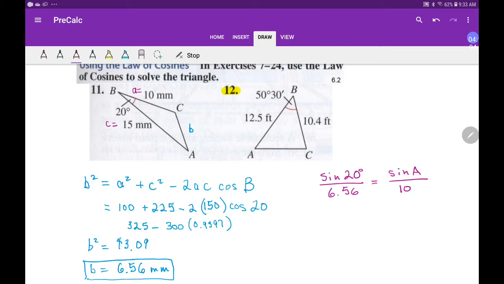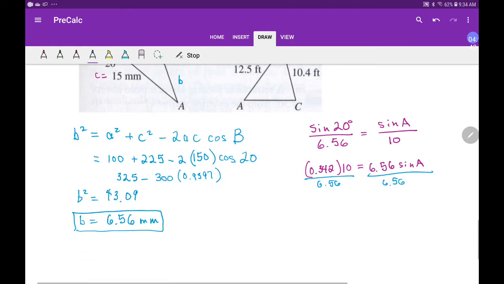Okay? So the sine of 20, which is 0.342, times 10 is equal to 6.56 times the sine of A. So I multiply by 10, so I get 3.42, and I'll divide by 6.56.